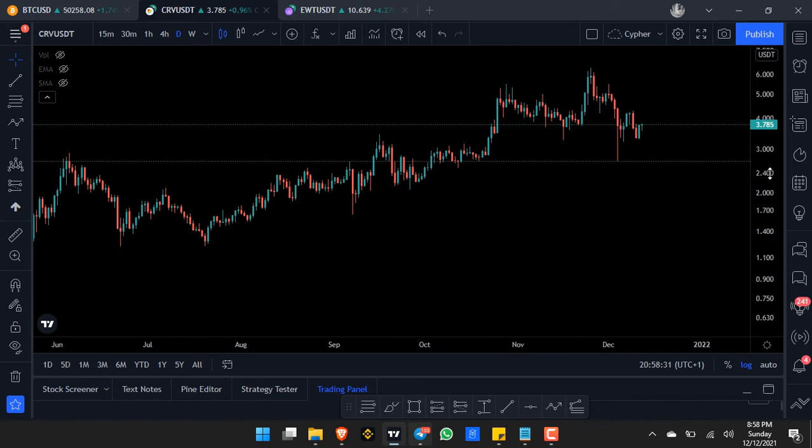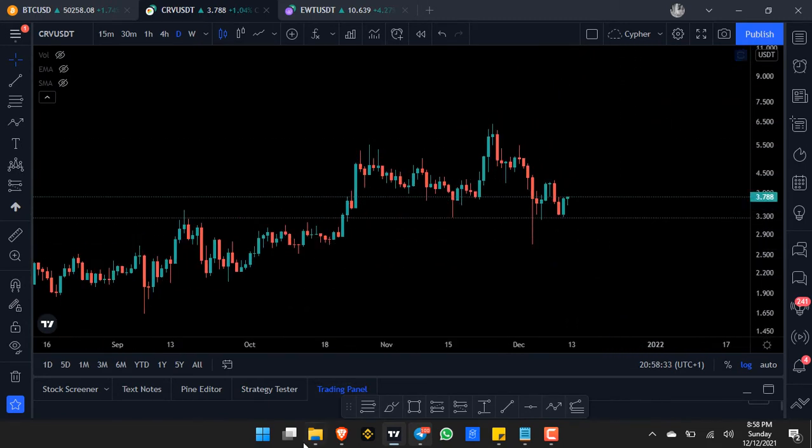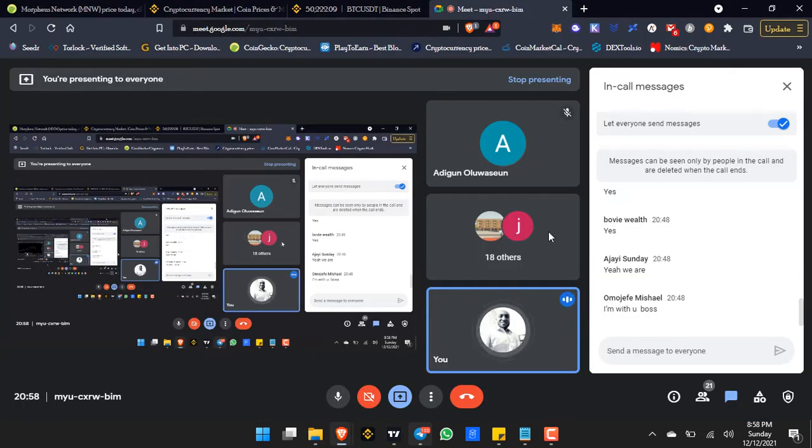Now to explain support and resistance, I'm going to cite this example so that we understand really what we're talking about. Now we all know how a bird flies, right? A bird does not fly continuously, right? A bird flies and then it perches somewhere, right?